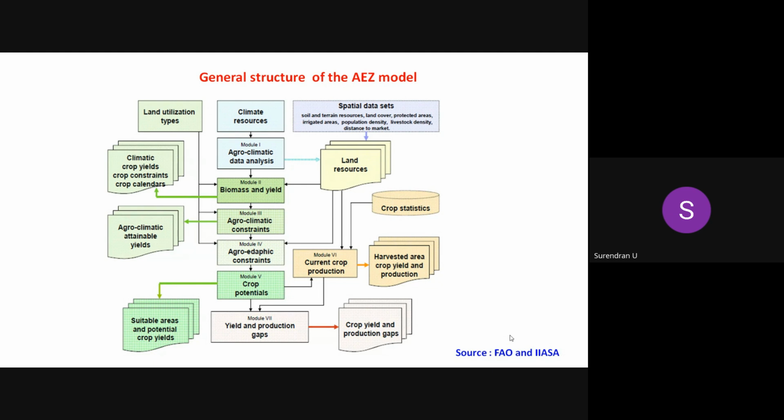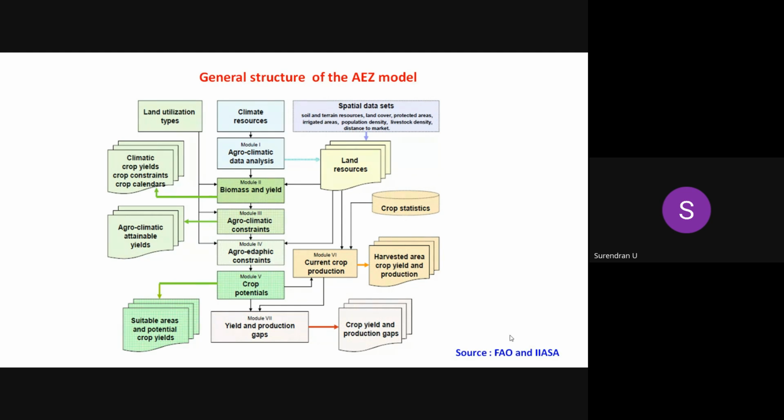Here we used a model called the agroecological zonation model, which has 5 modules. I will describe it briefly. The first module deals with climatic analysis. The second module is about biomass and yield. The third module is agroclimatic constraints: with the data of climate as well as crop production details, if the climate factors change, what will happen to the yield because of climatic constraints.